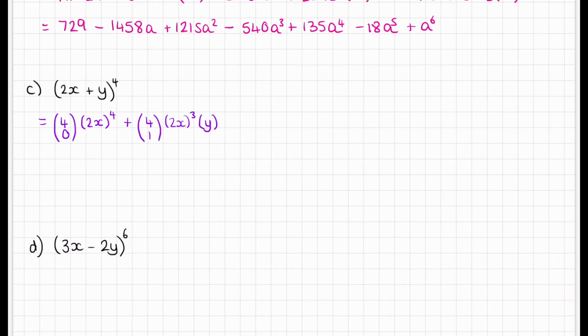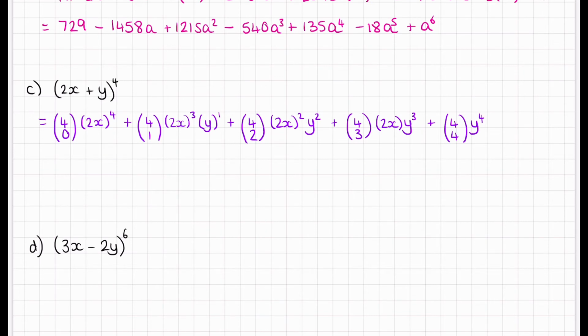The y will be introduced. 4, 2, and then we'll have 2x all to the power of 2, and then y squared plus 4, 3, 2x to the power of 1, y cubed, and then the last one, 4, 4. 2x will now be to the power of 0, so we don't need to write that, and then we'll just have y to the power of 4.